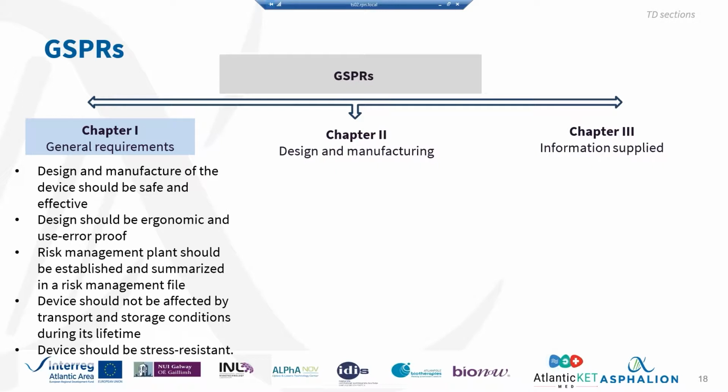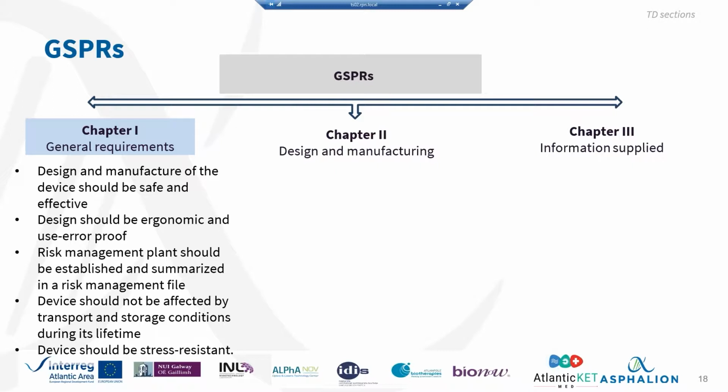Obviously, it's not the same for software, where you will have to talk about how you design the software to do what it does, as opposed to a more physical medical device such as an implant, where you will have to describe thoroughly how the device is prepared, how you manufacture it, and what the components of your implant are. Another general requirement is that the design should be ergonomic and use error proof. This is something we will talk about later, about usability of the devices, but you've got to demonstrate that your device is ergonomic and use error proof.